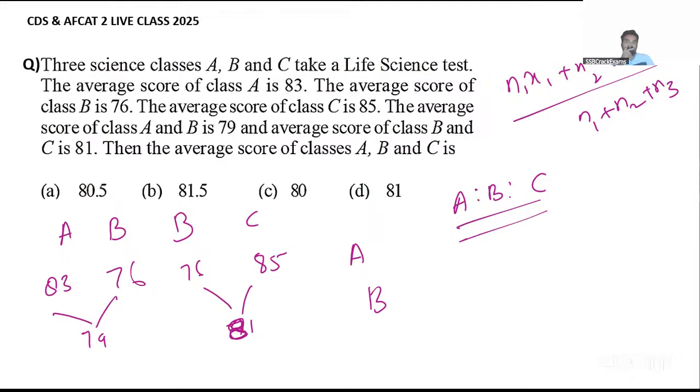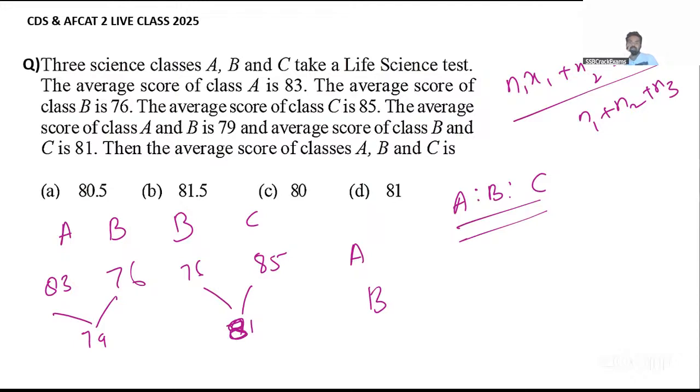Let me think. 83, 76, and 85, for A, B, and C. The average of three classes. You guys can also think.